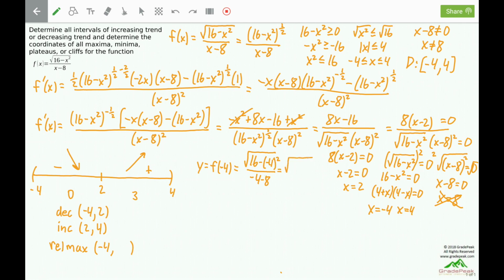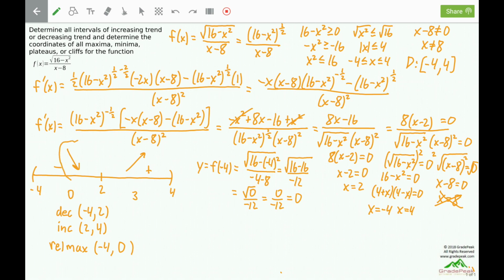Well, -4 squared is 16. -4 minus 8 is a -12. 16 minus 16 is a 0. Square root of 0 is a 0. So this is going to come out to square root of 0 over -12. Square root of 0 is 0 over -12. And 0 over any non-zero number equals 0. So the corresponding y-coordinate is a 0.